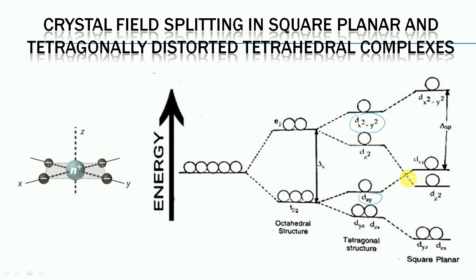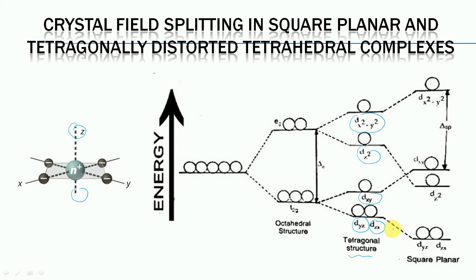Similarly, with the pulling away of the ligands on the z-axis, the d orbitals along the z-axis, such as the xz and yz planes, will have lesser repulsive interaction, and this causes a decrease in the energy of dz square, dyz and dzx orbitals, which can result in a tetragonal structure.